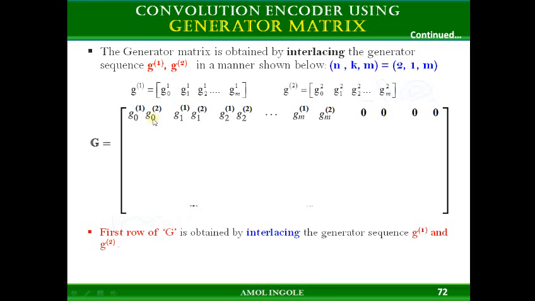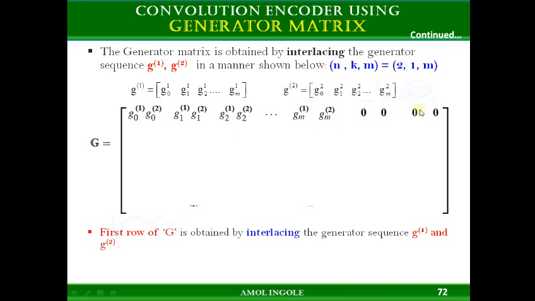G2 0 is the first bit of the generator G2. Then you can go on interlacing the remaining bits in the same way. Like this is the third bit of the first row, which is nothing but G11, the second bit of G1, interlaced with the second bit of G2, which is G21, and so on. This is how you will get the first row of the generator matrix.